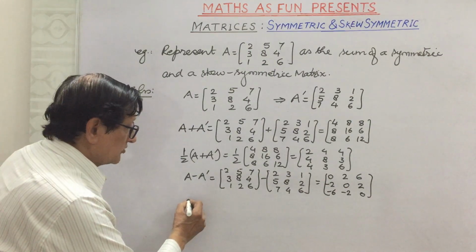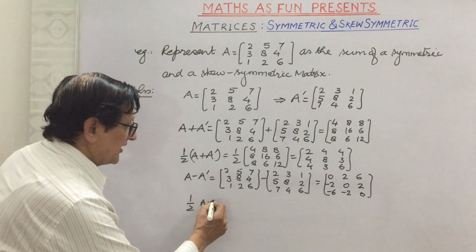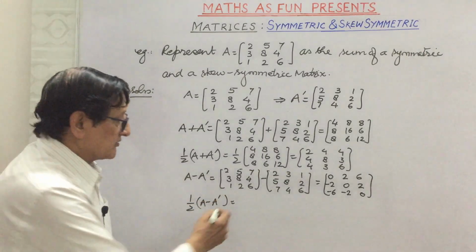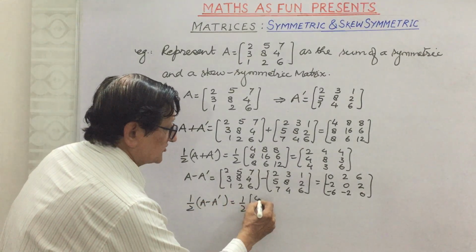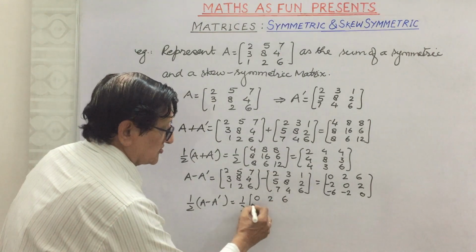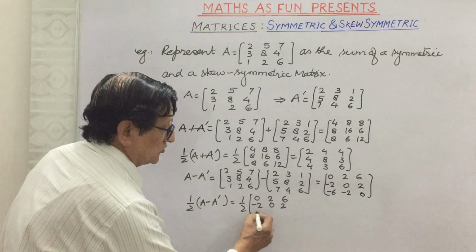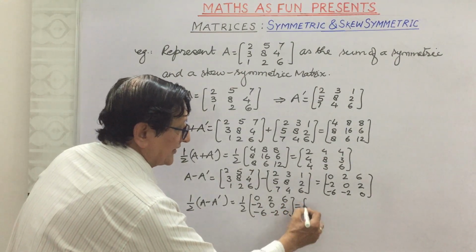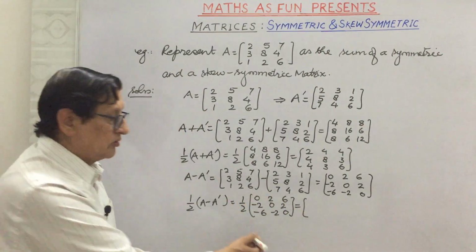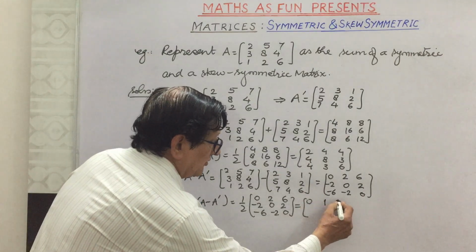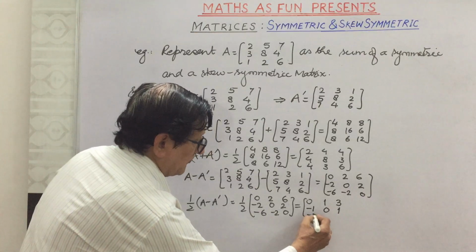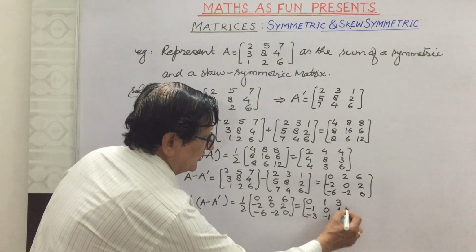Now we can find out half of A minus A dash. That is equal to half of 0, 2, 6, minus 2, 0, 2, minus 6, minus 2, 0. And that is, divide each element by 2: 0, 1, 3, minus 1, 0, 1, minus 3, minus 1, 0.